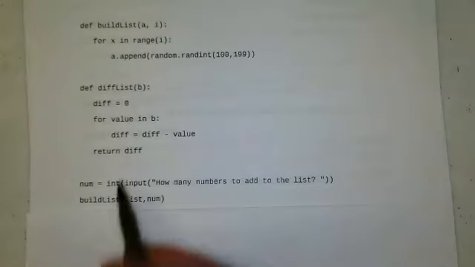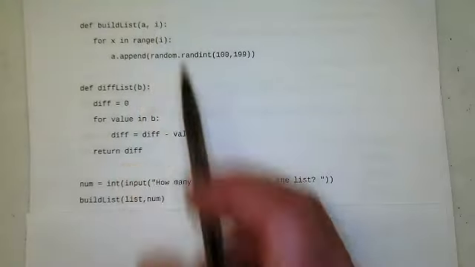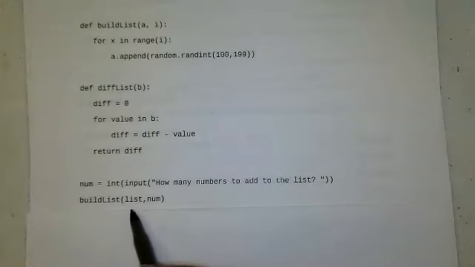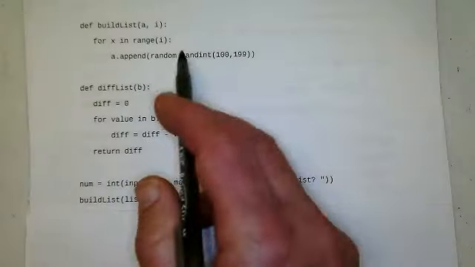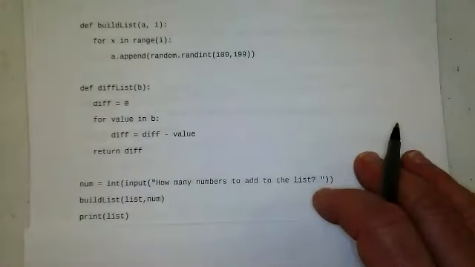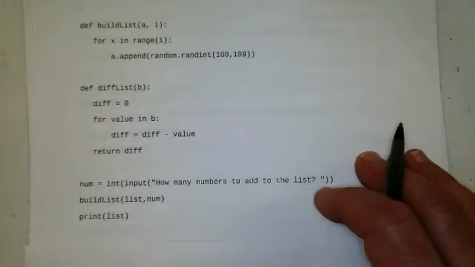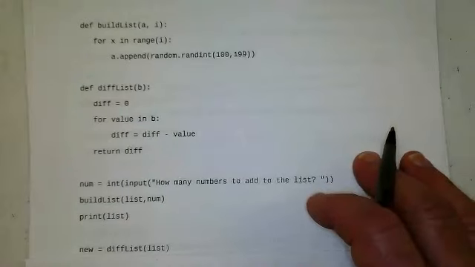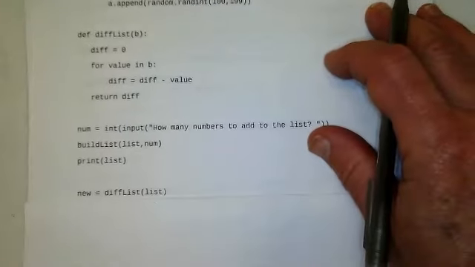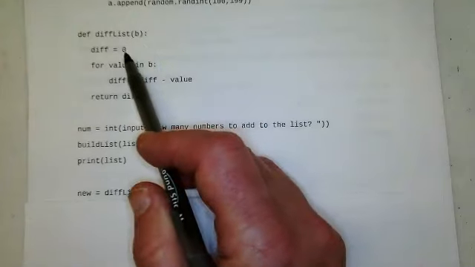Then we're going to build list. We're going to run this up here, A to I, whatever values are in the list, and how many numbers are going to be in that list. And then it's going to generate the list. We're going to print that list. Then we have our new list, which is running this function.